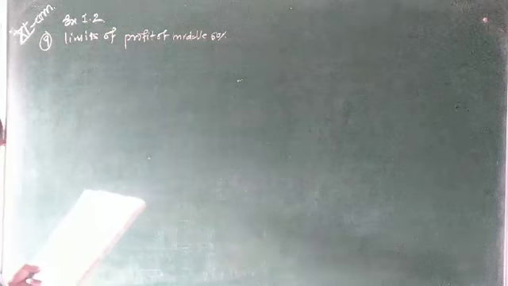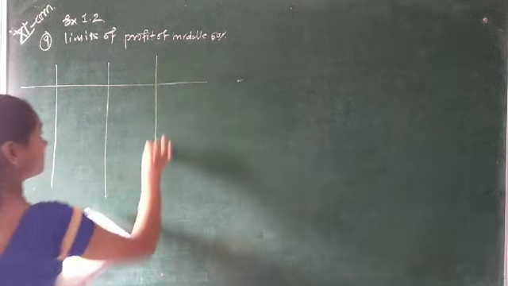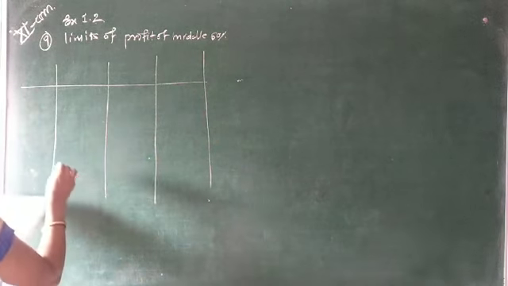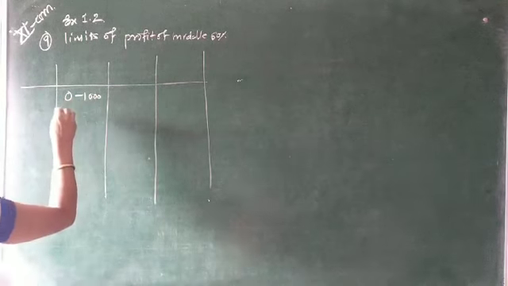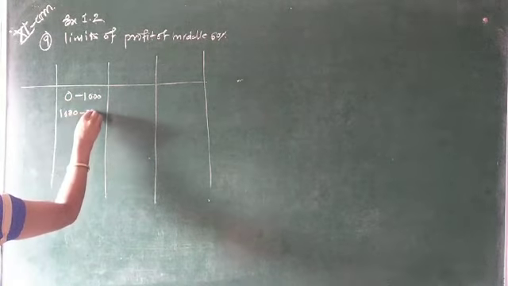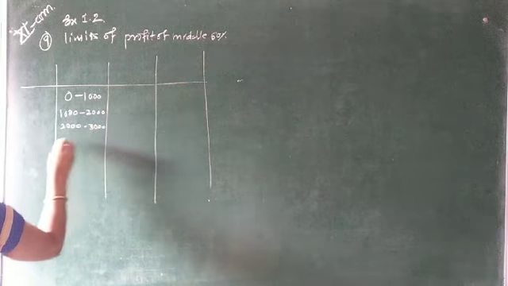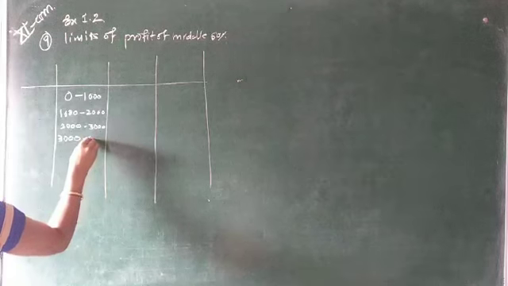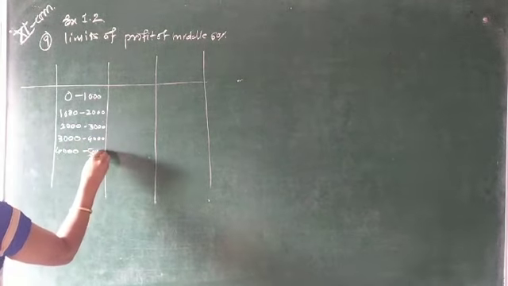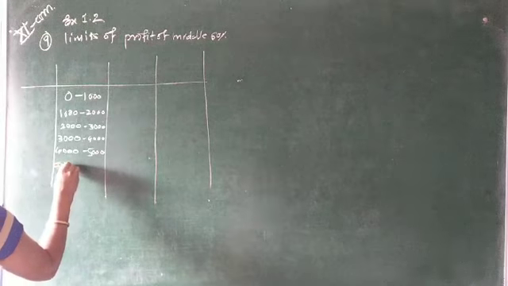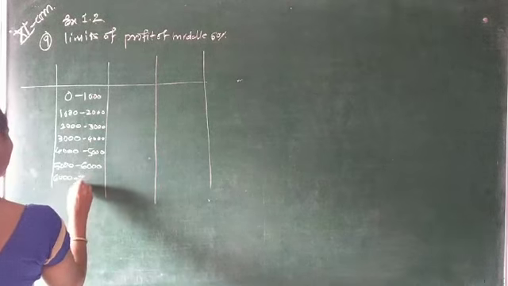So first write our table. Zero to 1000, next 1000 to 2000, 2000 to 3000, 3000 to 4000, 4000 to 5000, 5000 to 6000, and 6000 to 7000.